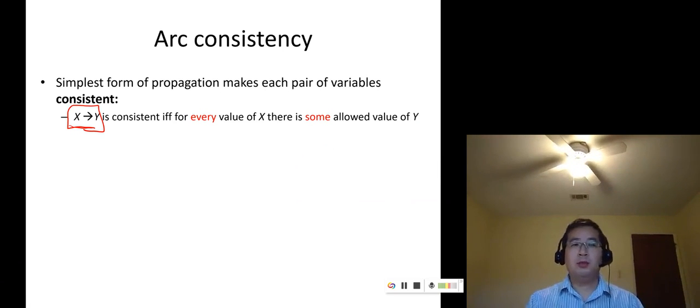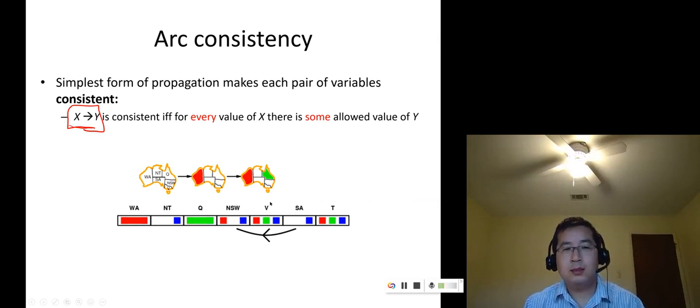So this is the reason. Let's look at the arc consistency here. For example, if we reach this state, so we have NT is one value, Q is this value, NSW is only 2, the V this one, SA this one. And then we want to check whether SA and NSW have arc consistency.